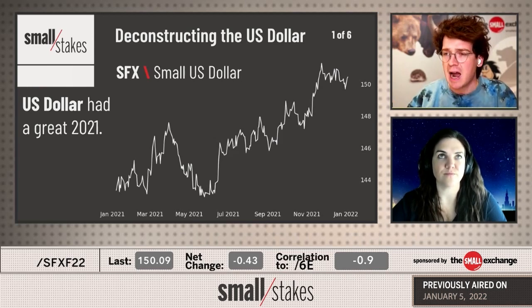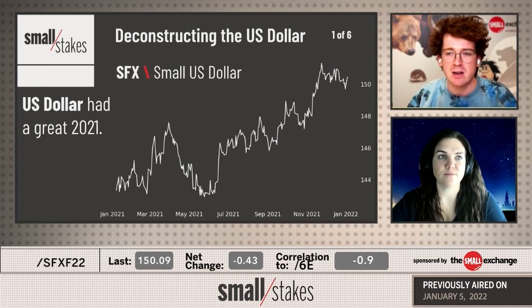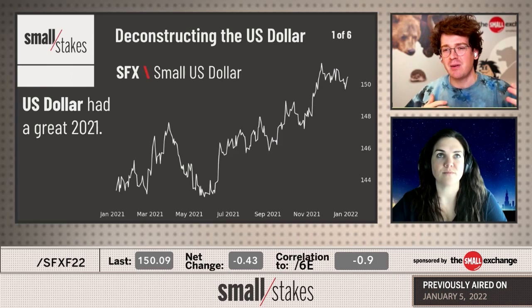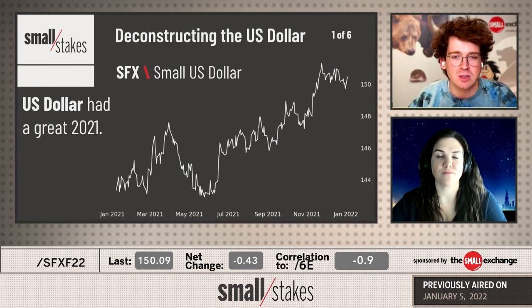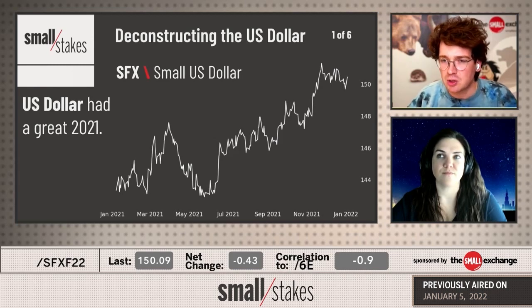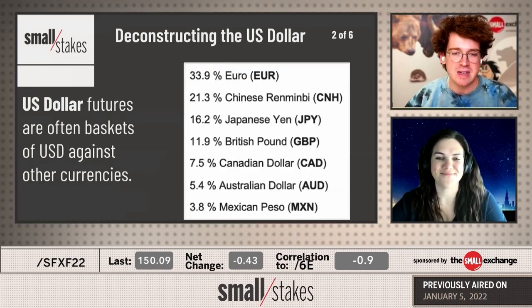The first 3 trading days of the year, the US dollar is doing pretty good, getting back near those highs, but still not blowing out the highs and not going back to prior lows. So maybe you have a short bias or a long bias here in 2022, but we want to look at, like I said earlier, throwing some hot sauce on it. Thankfully, it's very easy to do so.